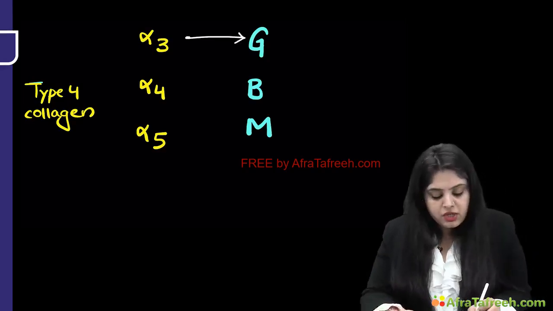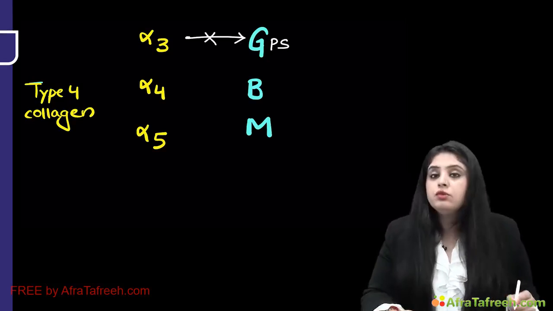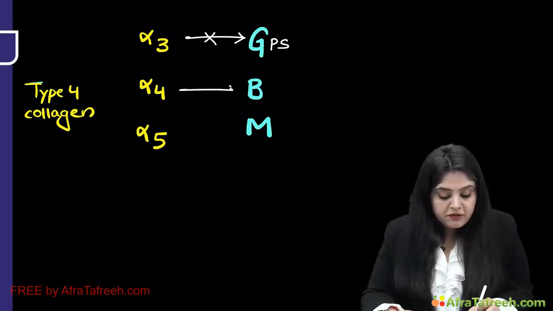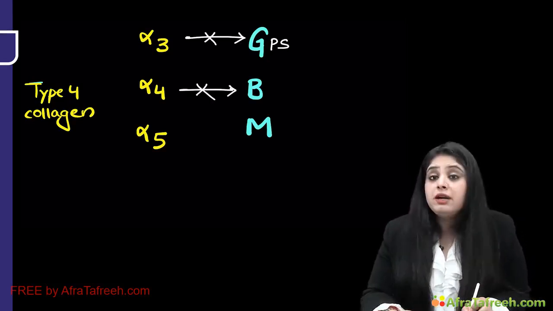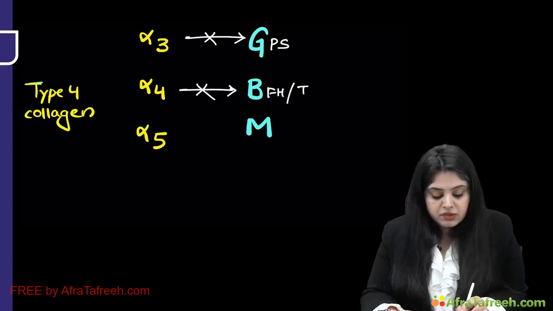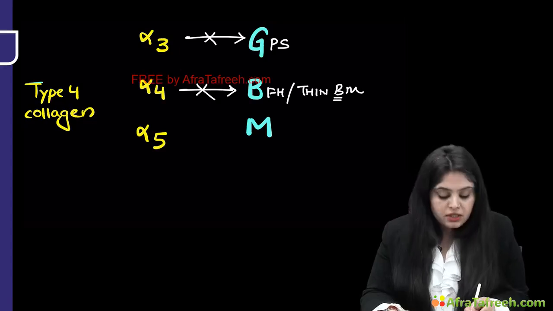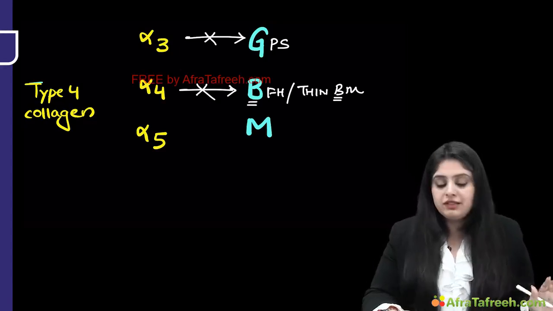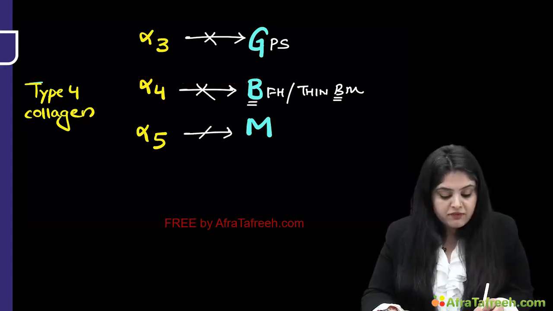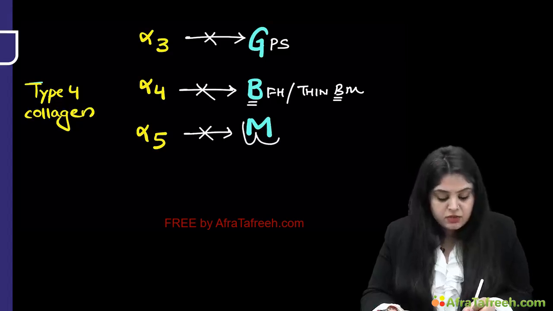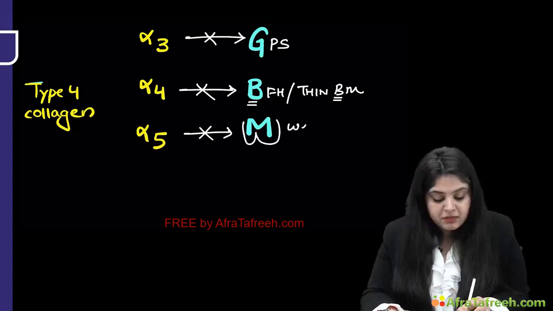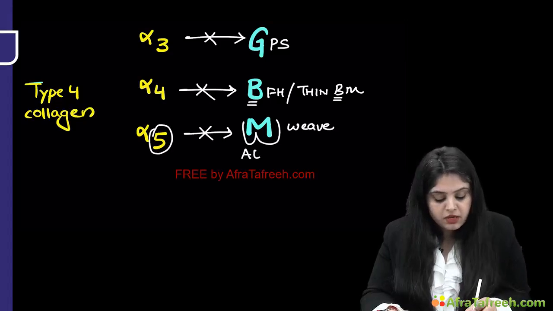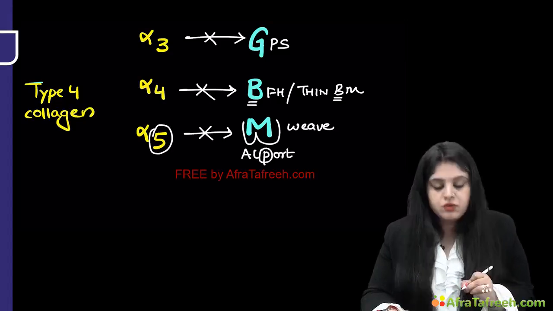Because if alpha 3 chain has a problem, the disease was Goodpasture syndrome. If alpha 4 chain had a problem, you had benign familial hematuria, which was nothing but basement membrane being thin. So either you learn basement membrane thin or you learn benign familial hematuria, it's a B. And when alpha 5 is problematic, I have made it into a W. Means weaving, basket weave appearance, and you already know alpha penta means we are talking about Alport syndrome.